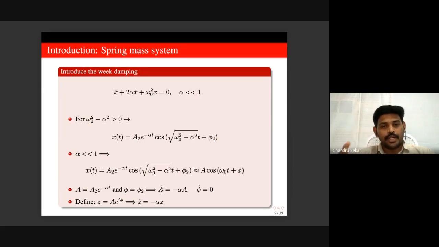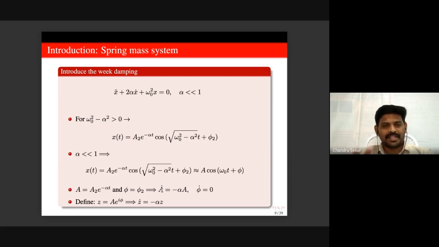If omega squared equals alpha squared, it's a critically damped solution. If omega squared is less than alpha squared, we have an overdamped solution. But here I assume that alpha is very, very small, so it always comes under the underdamped case, so omega naught squared minus alpha squared is always greater than 0.